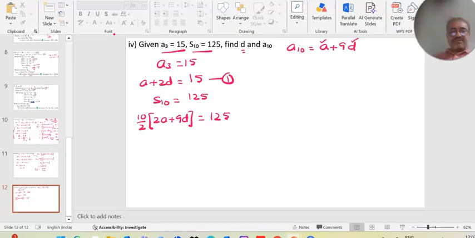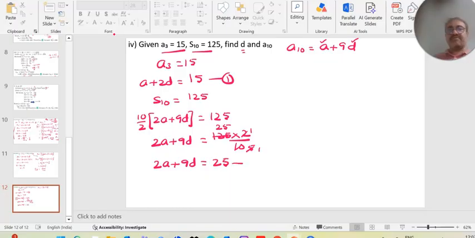Got it? Now 2a plus 9d is equal to 125 into 2 by 10. 2 ones are 2, 5 fives are 25. Therefore 2a plus 9d is equal to 25.